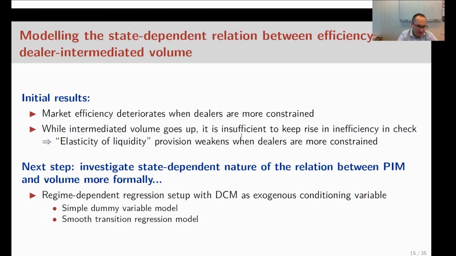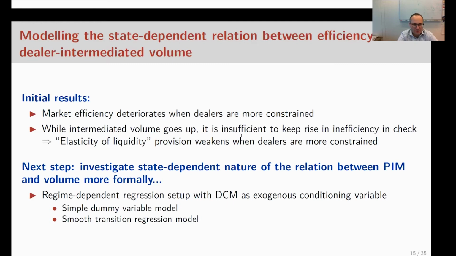And we also have this finding of the correlation between PIM and volume weakening when we're in more constrained states for the dealers.